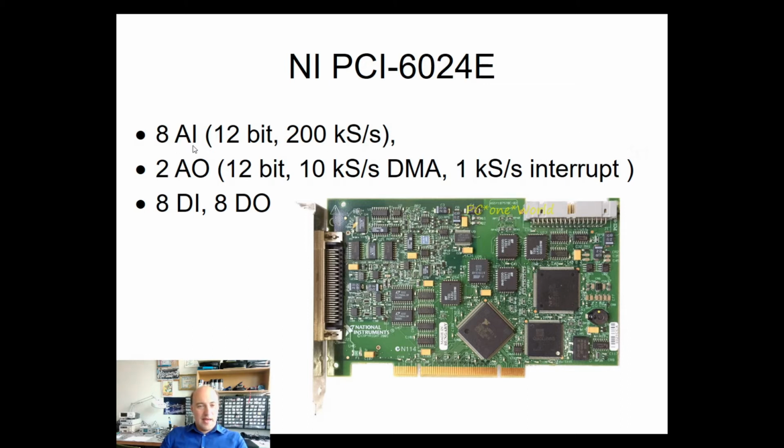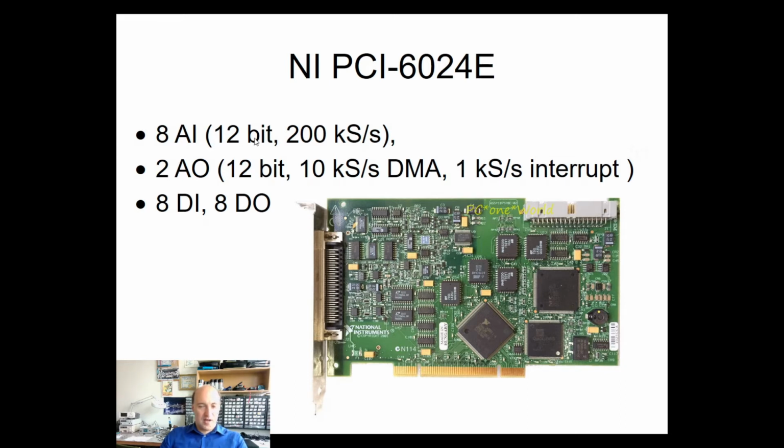It has 2 analog outputs, and it has 8 digital inputs and 8 digital outputs. So we will be using only the analog inputs and outputs. Here we have 12 bits resolution. So within a given voltage range that the input can sample, you have 12-bit resolution.